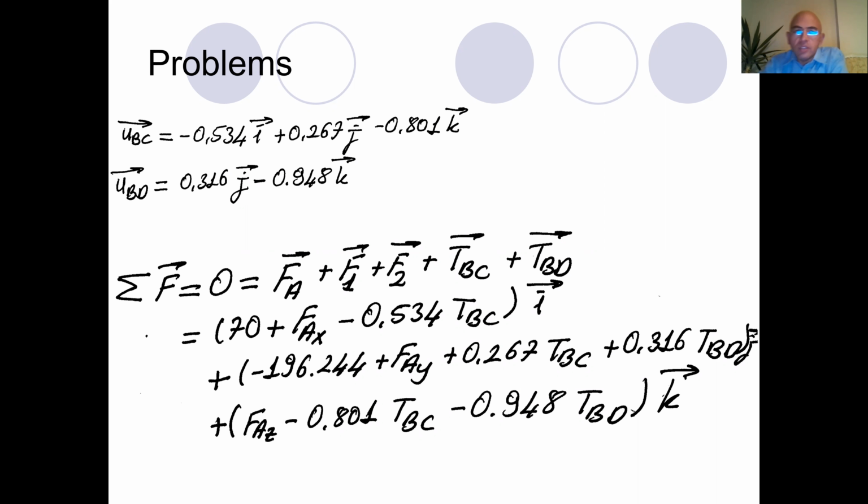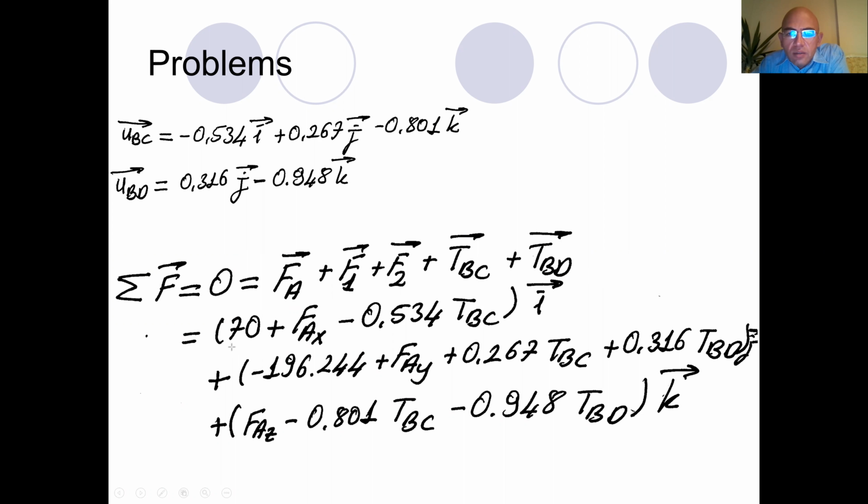Now, we have two equilibrium conditions, and the first one is that the sum of the forces in all directions has to be equal to 0. So this is the first equilibrium condition, which means that FA plus F1 plus F2 plus TBC plus TBD is equal to 0.